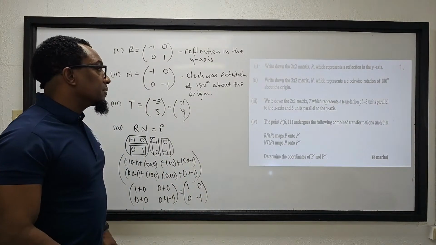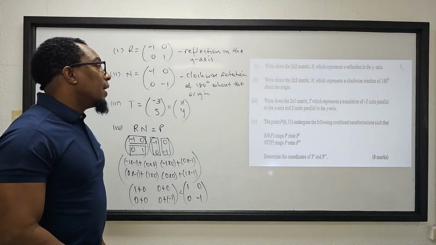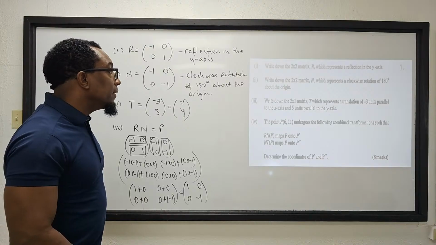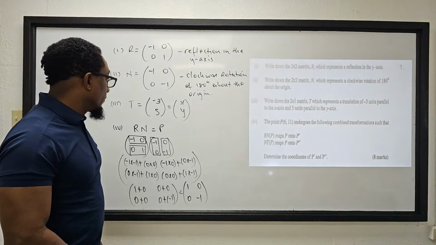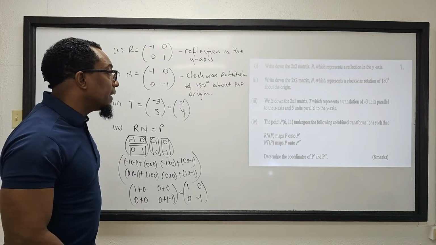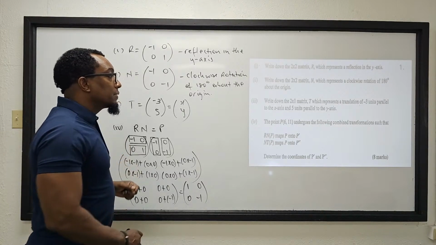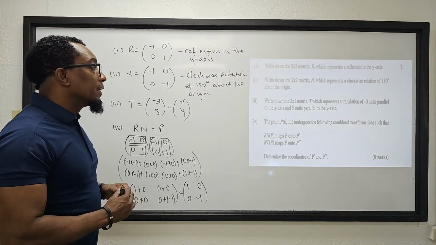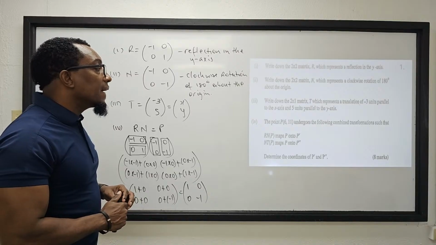Alright? So that is Rn. Now, Rn maps P onto P prime. So when we multiply Rn by P, of course, it's going to give us P prime.